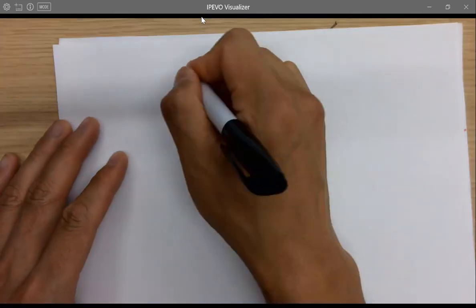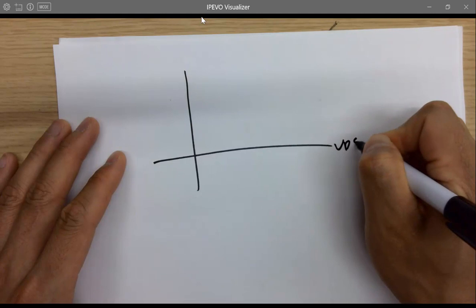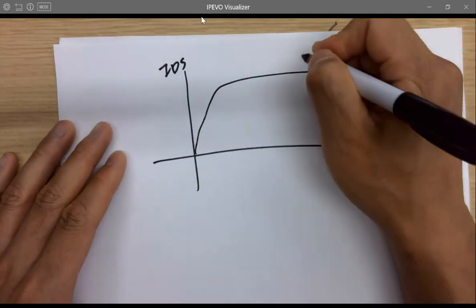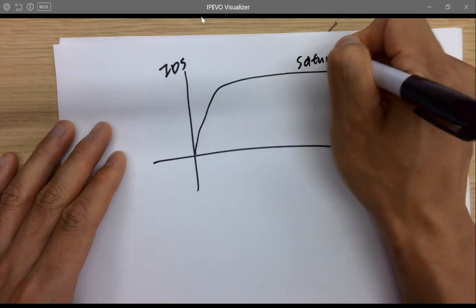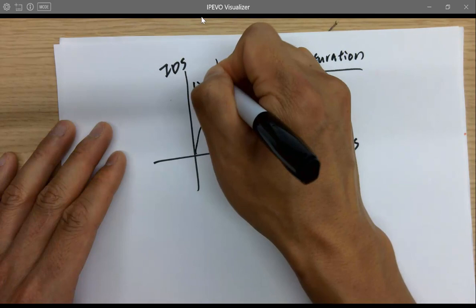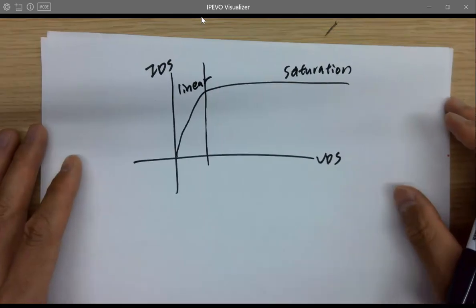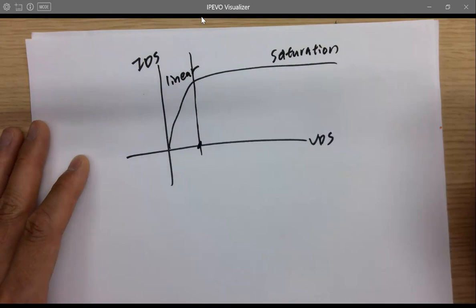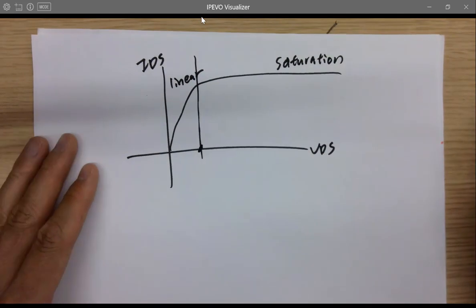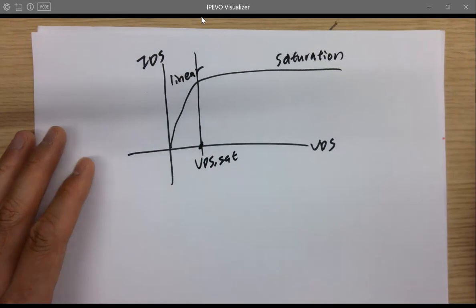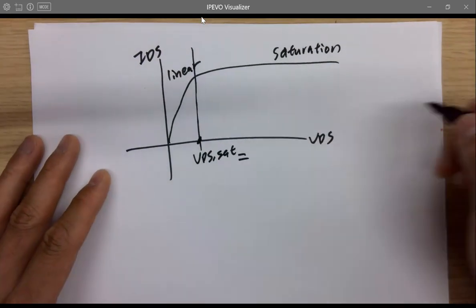So we talked about the VDS and IDS curve, and this is saturation, and this is linear. What's the name of this voltage, VDS set? It equals what?